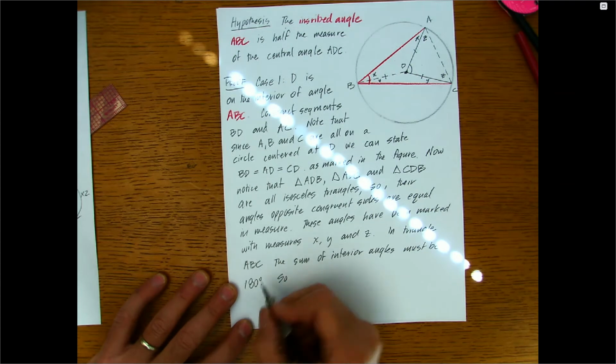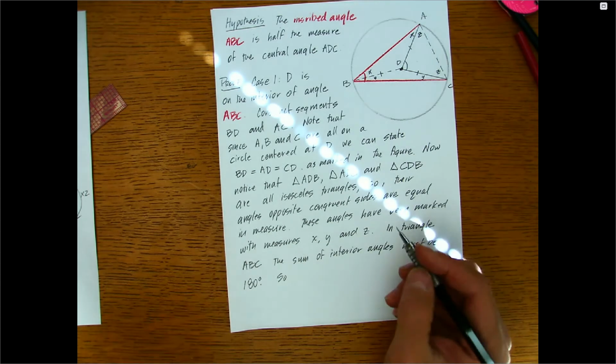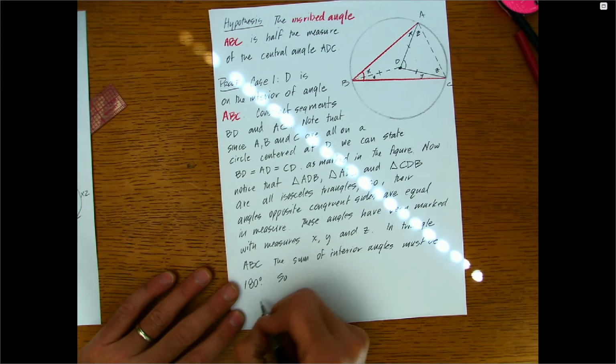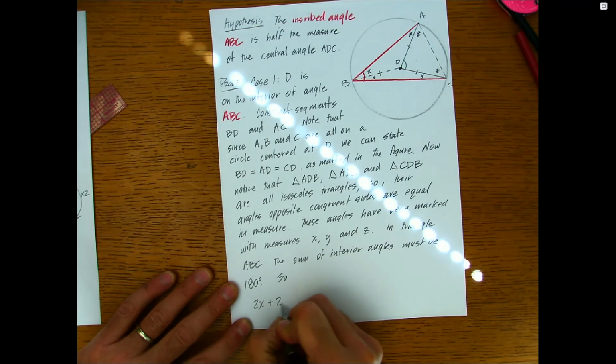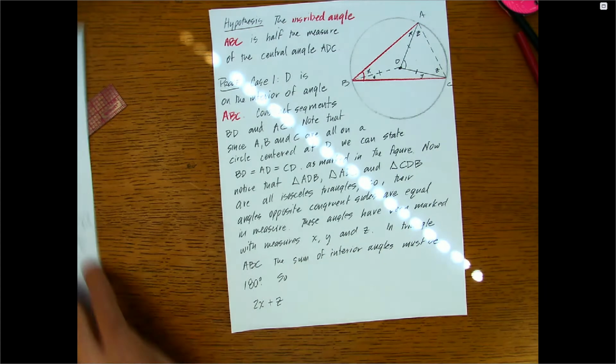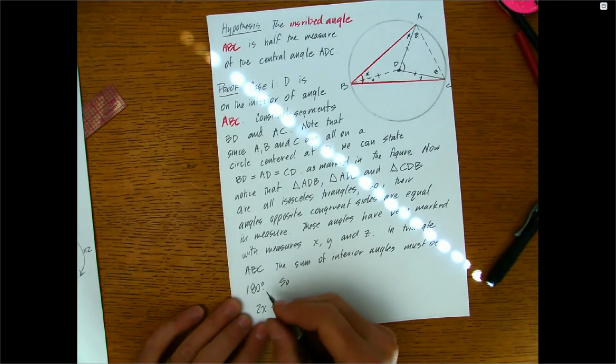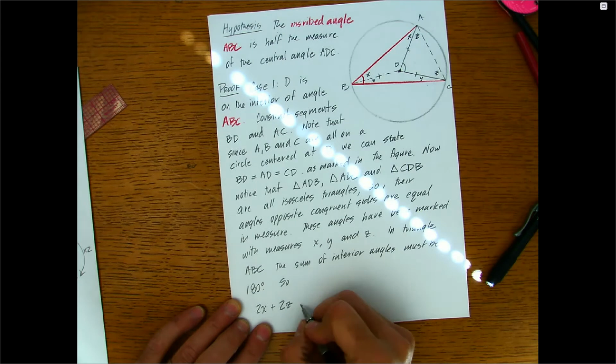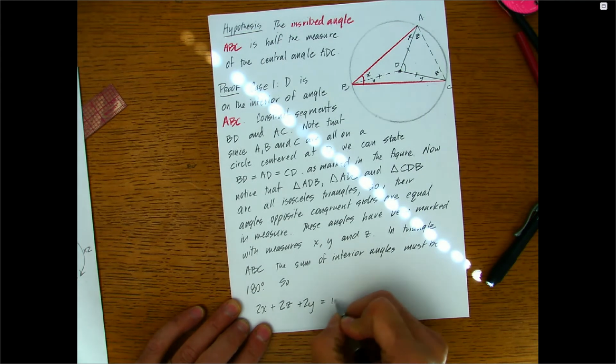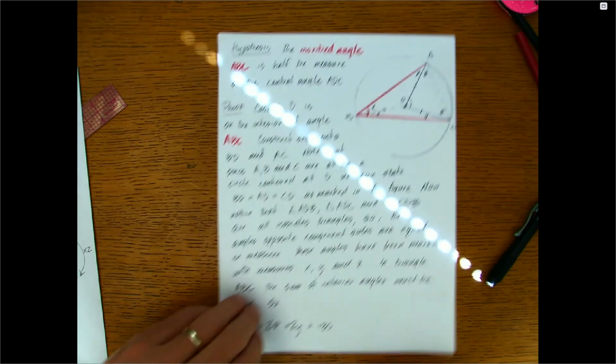So X plus Z plus Z, so that's 2X plus 2Z. No, sorry, that's a 2Z, not a Z. I put a 2 and a Z together. 2X, 2Z and 2Y must be equal to 180 degrees.